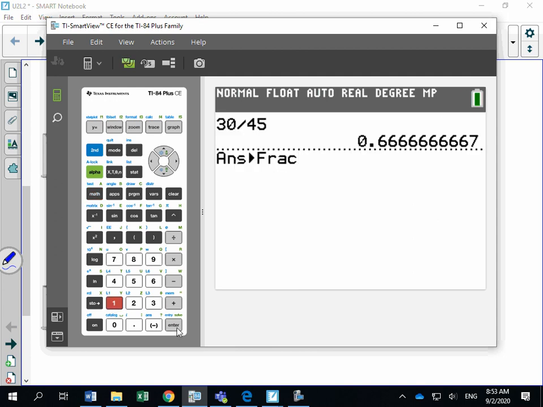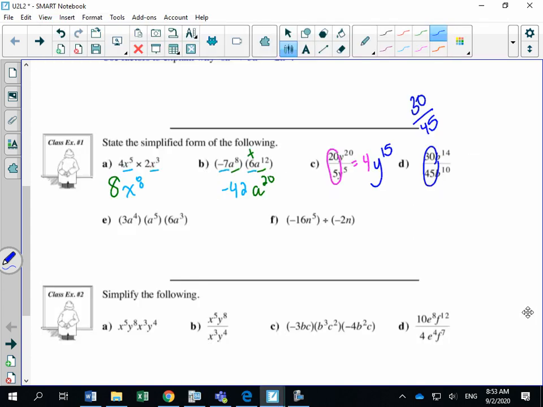That fraction simplifies to 2 over 3. And then we've got to take care of our exponents now. So the exponents is going to be the quotient law because it's division. And what we do with division, we subtract our exponents. 14 minus 10 is 4.